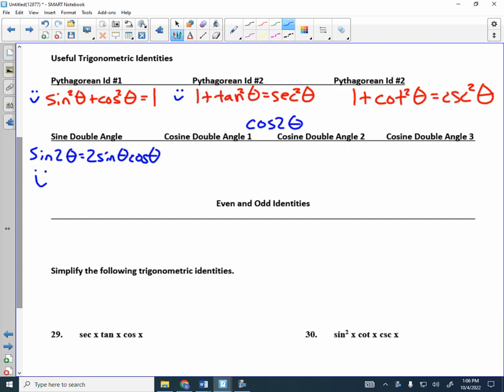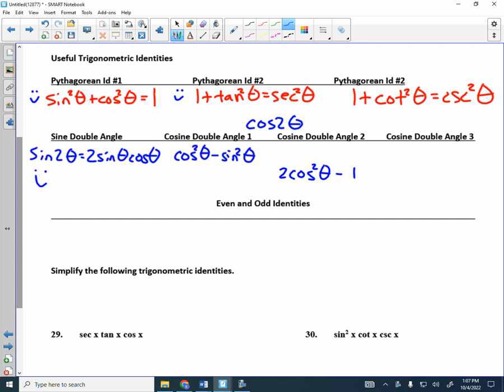Cosine of a double angle, we actually have 3 different formulas that could be used. One is cosine squared of theta minus sine squared of theta. Another one that's used is 2 cosine squared of theta minus 1.